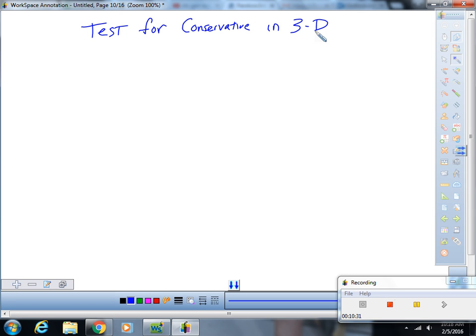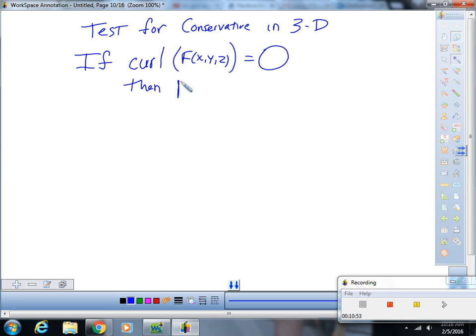So, if curl of F of x, y, z is equal to 0, then F of x, y, z equals Mi plus Nj plus Pk is conservative.